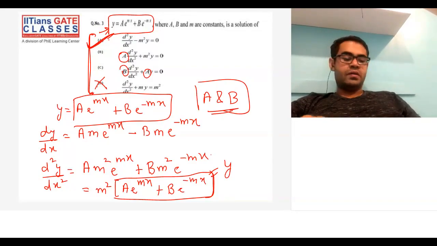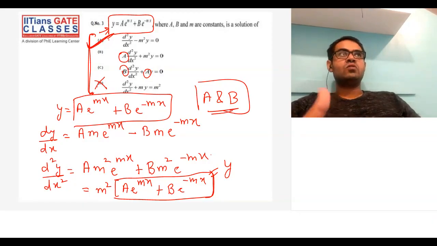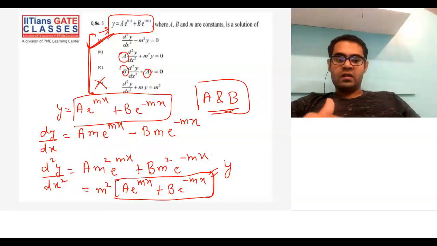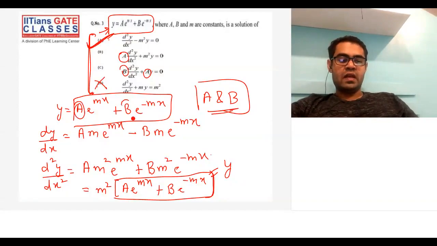Now I'll tell you one hint that you can use. You may wonder how many times you have to take the differentiation and so on. The number of derivatives you have to take is equal to the number of constants present. A and B I have here, these are my coefficients.